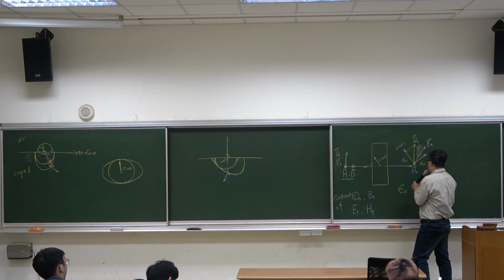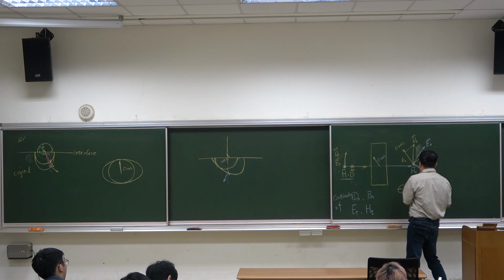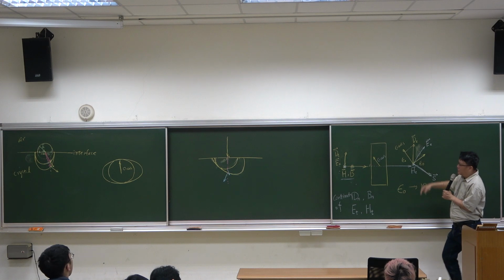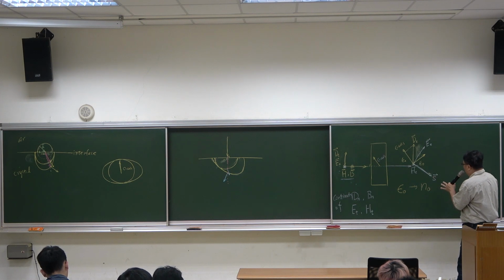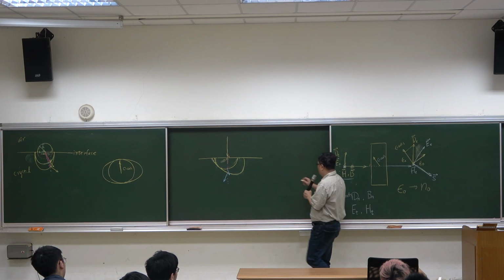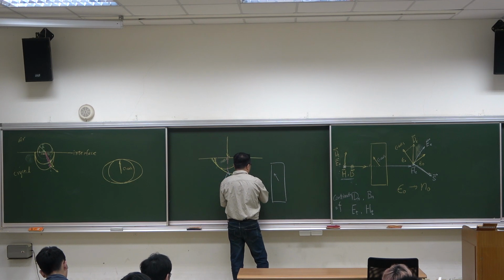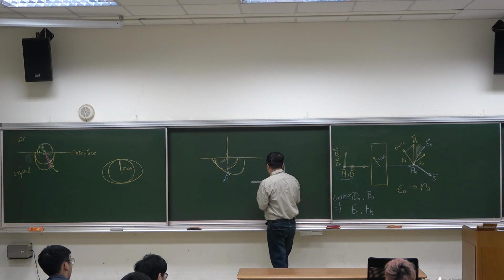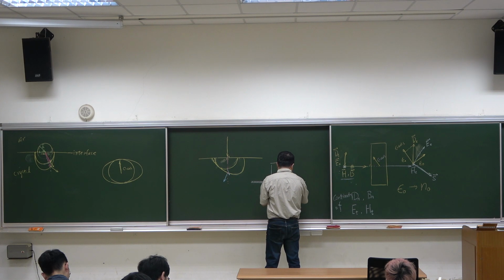So E cross H corresponds to a Poynting vector along this direction. Although the K vector might be along different direction. So for this case, a beam of unpolarized light penetrates through this crystal, we get two possible beams.